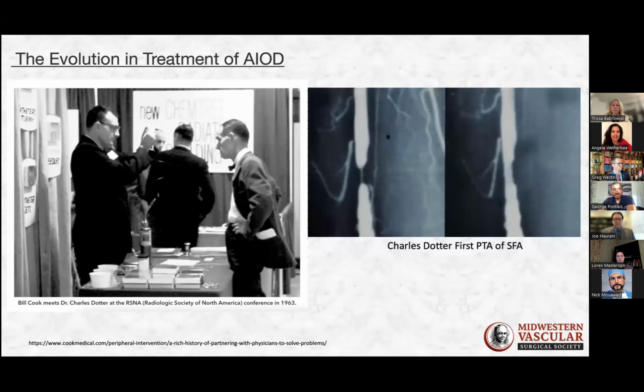So he borrowed his Bunsen burner and materials to come up with the first generation materials for it, and you can see the angiographic result, and the patient that was described with healing of the wound. So with that, endovascular was born, and we've been improving it each year since then.